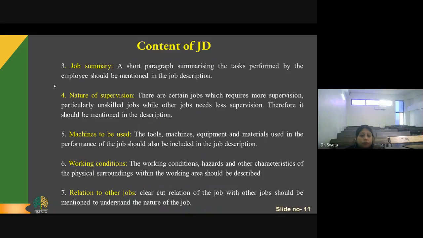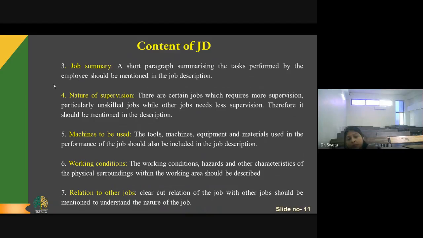Several kinds of tools, machines or equipment will be used while performing some of the jobs, so that also needs to be included in the job description part. And the next is working condition. In what working condition is the worker going to work, what will be the characteristics of the physical surroundings, each and everything should be mentioned in the description part.